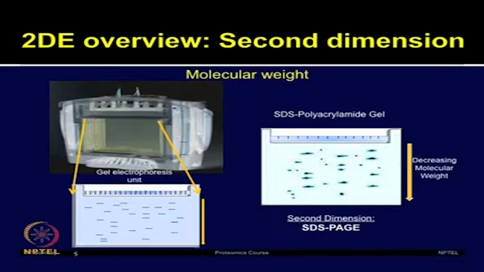After doing the equilibration treatment, you can separate the proteins in the second dimension based on the molecular weight of the proteins. So, as you can see in the slide, you can separate the proteins in two dimensions, in two different properties, based on their isoelectric point and molecular weight.